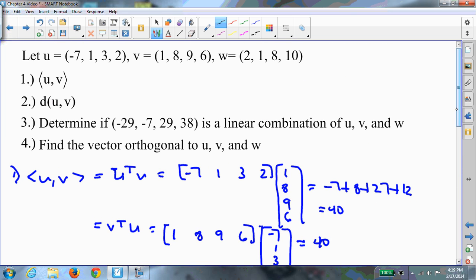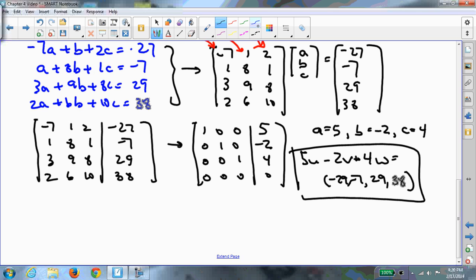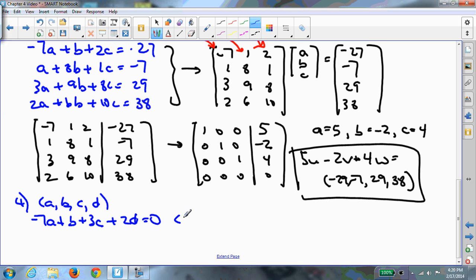Part D, question 4 says find the vector orthogonal to u, v, and w. So now what I'm interested in is a vector so that when it dots u, it equals 0. When it dots v, it equals 0. And when it dots w, it equals 0. So this time if I set it up, I'm looking for a vector a, b, c, d such that -7a + b + 3c + 2d equals 0. So that comes from the idea of u dot my unknown vector, let's call it x.